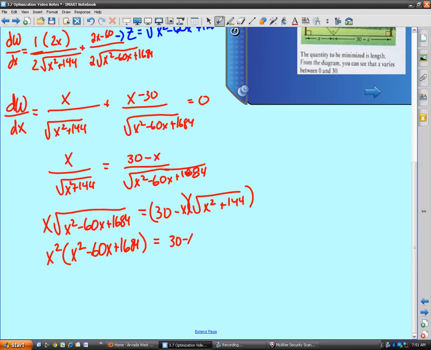And so when I multiply all this side out, I get x to the fourth minus 60x cubed plus 1684x squared. And then on this side, I'm going to multiply it all out, and it becomes very nasty, but I've already done the multiplication, so I'm going to just write it out.